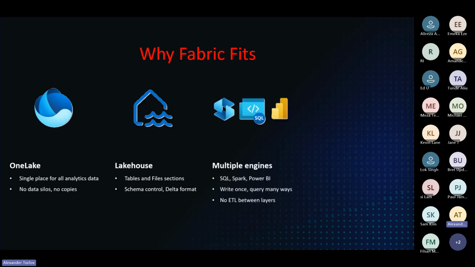The next thing: on top of that, once we have the data, we need an engine to query it. Fabric comes with a multitude of different engines, specifically the ones that we will be using today, and the most widely used across Fabric are the SQL engine, the Spark engine, and the Power BI engine.